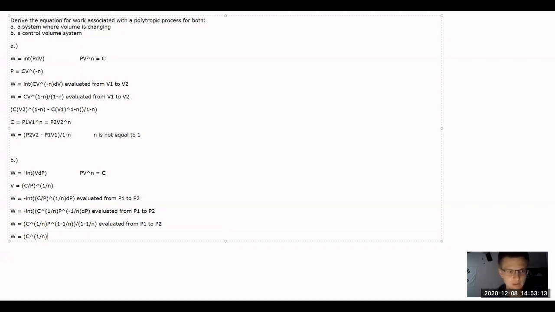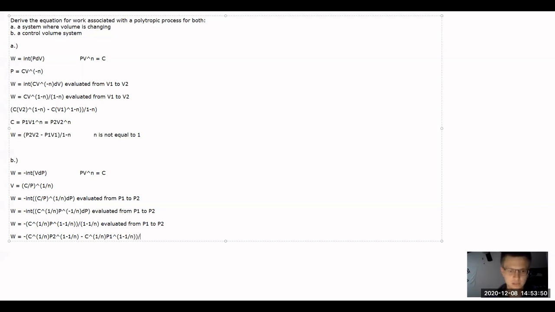Now plugging in our P1 and P2, we find that work equals C to the 1 over n times P2 to the 1 minus 1 over n minus C to the 1 over n times P1 to the 1 minus 1 over n.